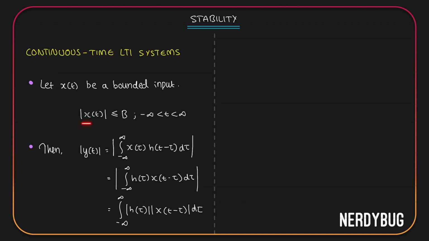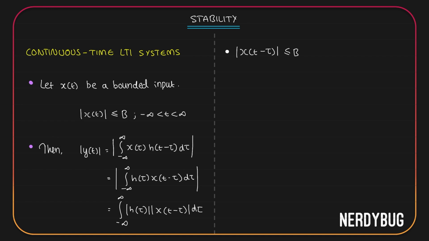But we already defined x(t) as bounded for any value between minus infinity and infinity. So x(t minus tau) should also be bounded, because it doesn't matter what comes inside the bracket, it is always bounded. So we can write that x(t minus tau) will also be less than or equal to B.